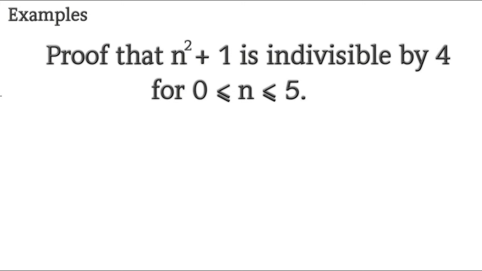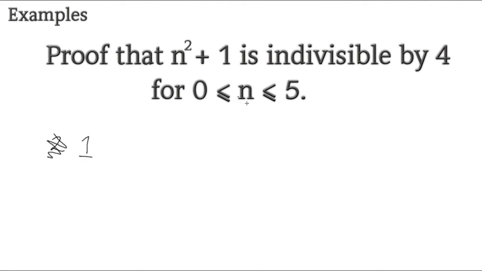To prove that n squared plus 1 is indivisible by 4 for n values between 0 and 5, there are only 6 different cases, so why don't you just try, because it's kind of easy to do. So start with 0. Never mind, it's actually n squared, which means that 0 squared is 0, plus 1 is just 1.